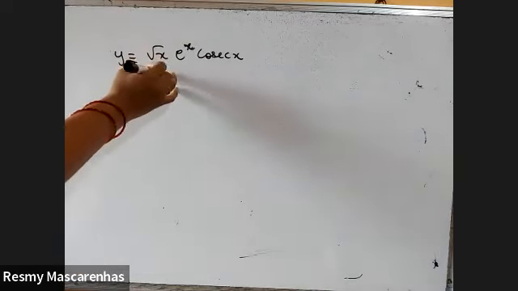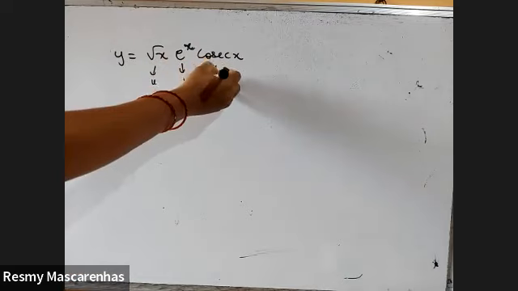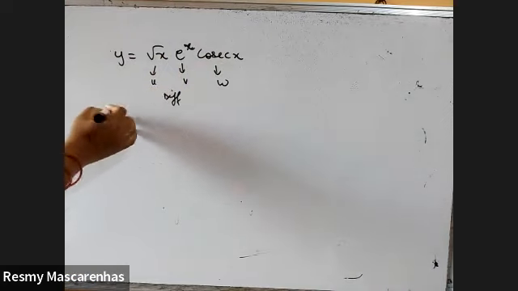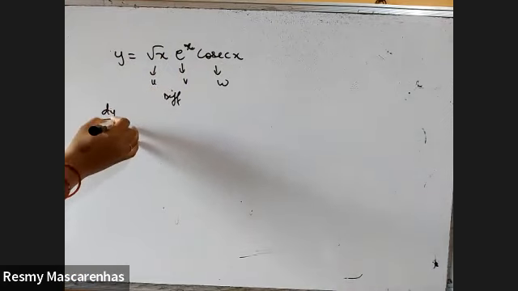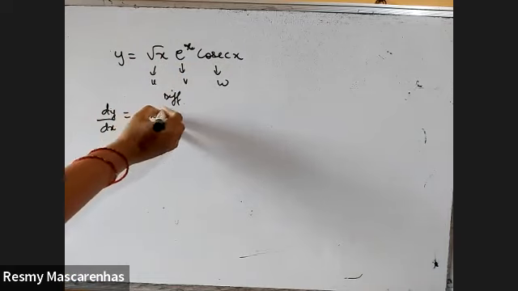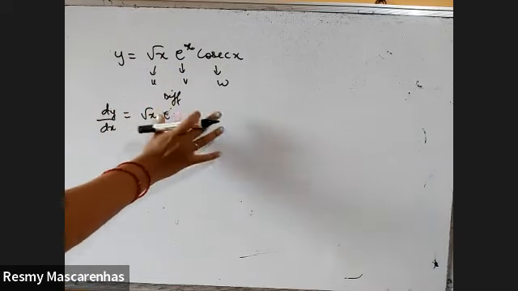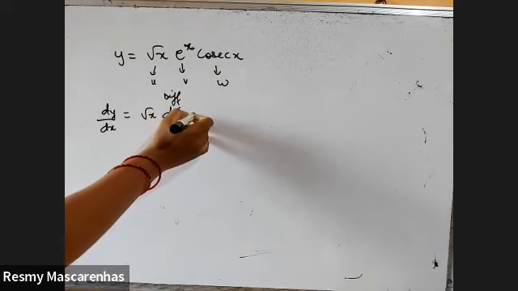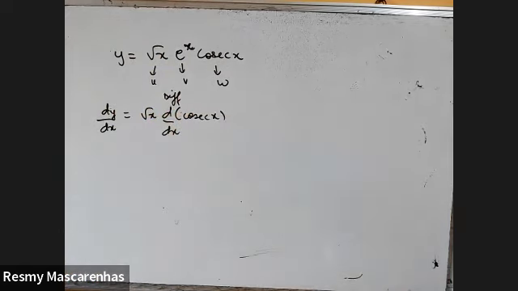Again, this is u v w. Differentiate. This will be dy by dx. Take the derivative, cos x.